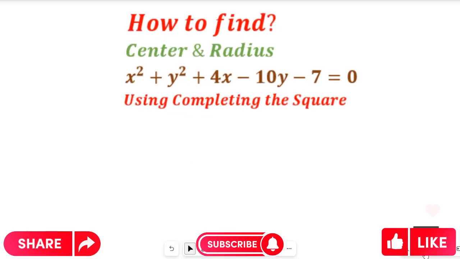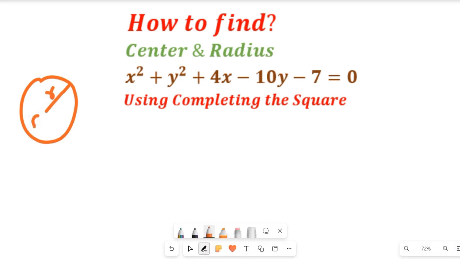If we want to do this, you recall that if you are given a circle, you always have the radius of the circle, and the radius will have a certain center, which is (a, b).